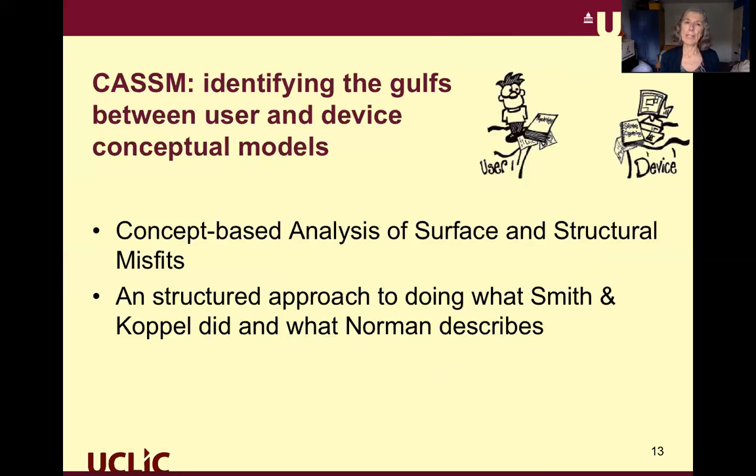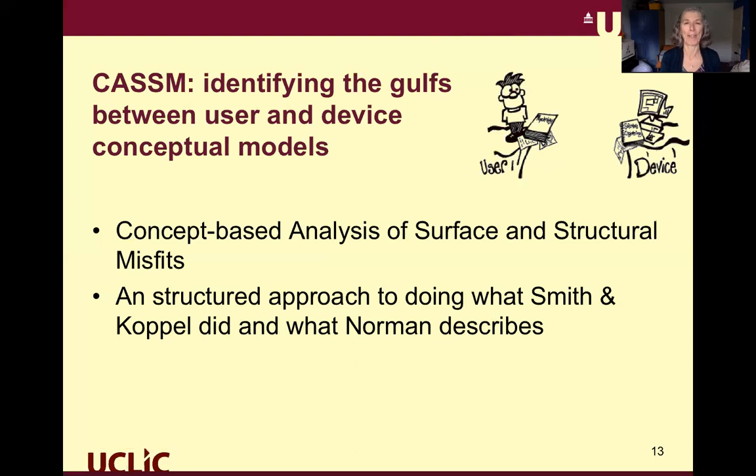But we have historically talked about these things in a fairly hand-wavy way. And in our work, we've tried to formalize that, make it a little bit more systematic and rigorous. So we developed this method called CASSM, which stands for Concept-Based Analysis of Surface and Structural Misfits.